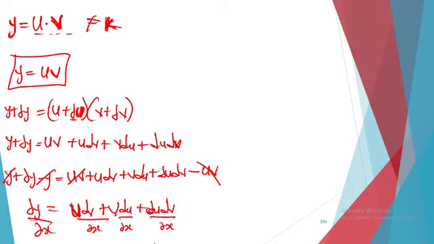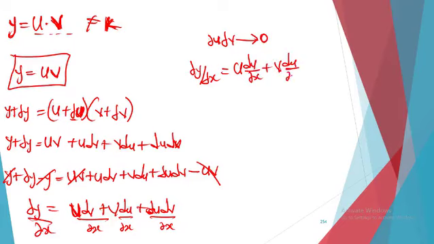Now dividing through by dx, this is what we have. Okay, let's go over to this part of the screen. So we say du dv tends to 0, and if that is the case, then we have dy over dx equal to u dv over dx plus v du over dx plus 0 over dx.